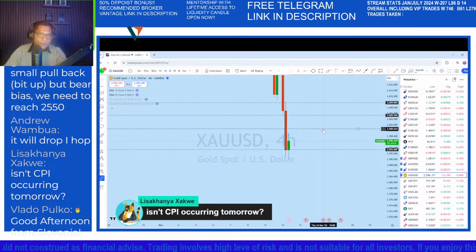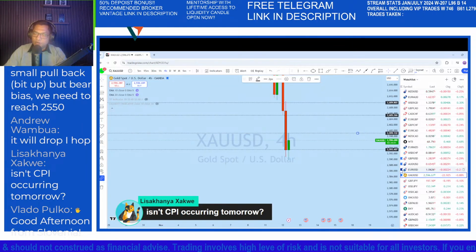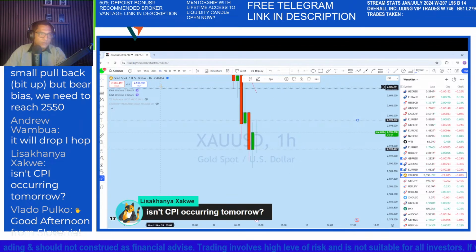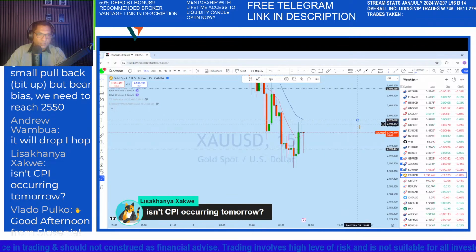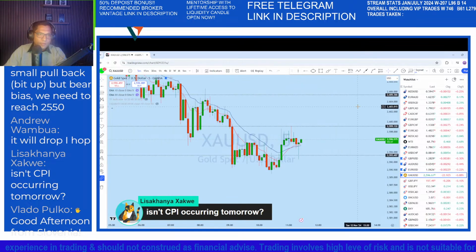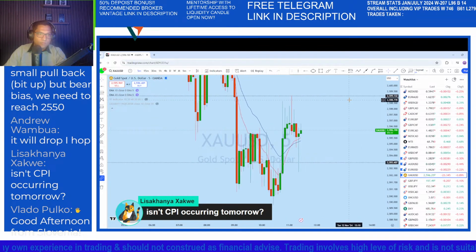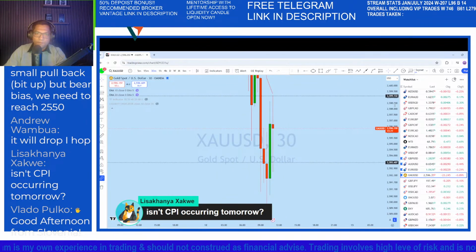So let's first draw this resistance here on XAUUSD. Looking at the 30 minutes and the 15 minutes chart, what you can see here from this level, there is a rejection, and with this doji.